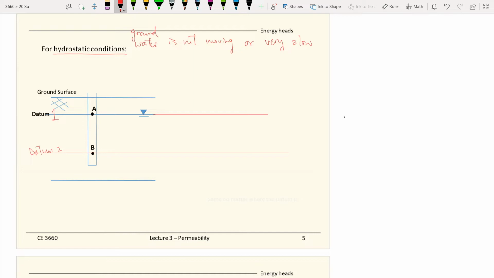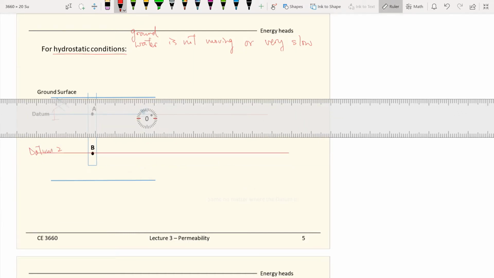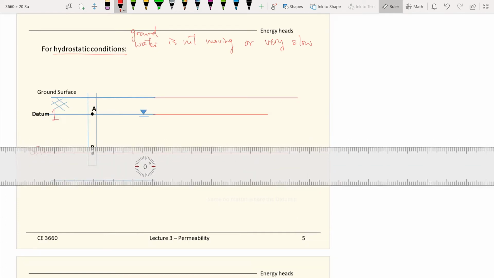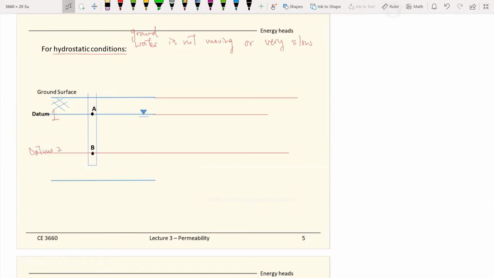Let's also extend these lines. Datum number 1 is at point A, and datum number 2 is at point B.